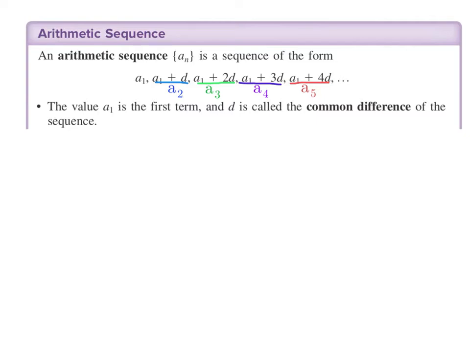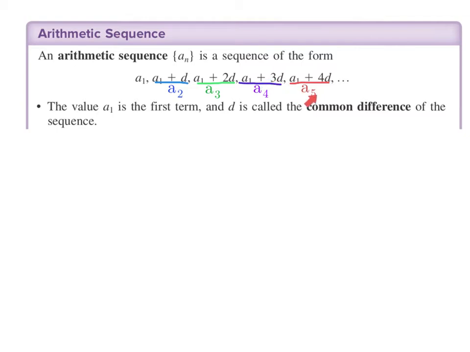So notice the pattern in terms of the number of common differences that get added. Right? So like for example, on the fourth term, how many common differences get added to the first term? So the fourth term, how many common differences do I add? 3.